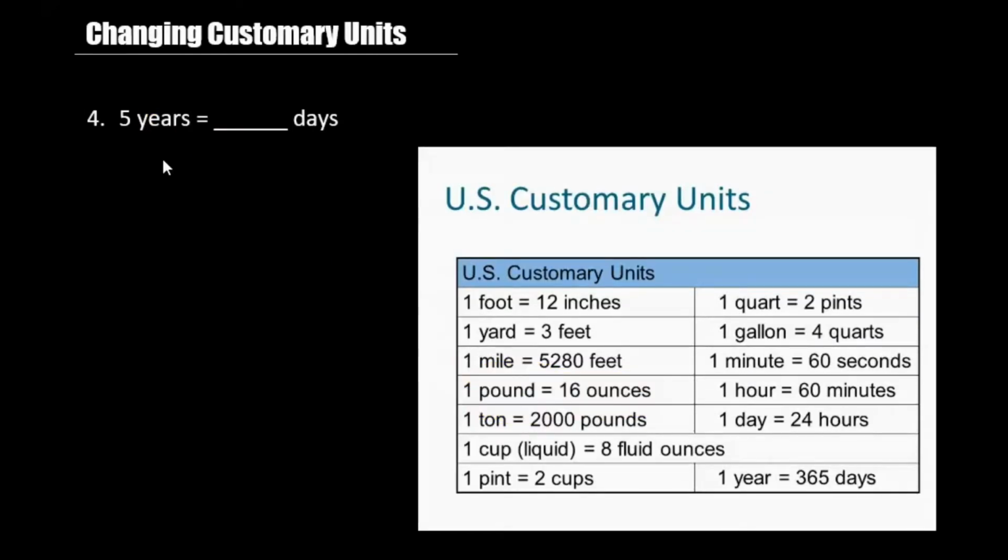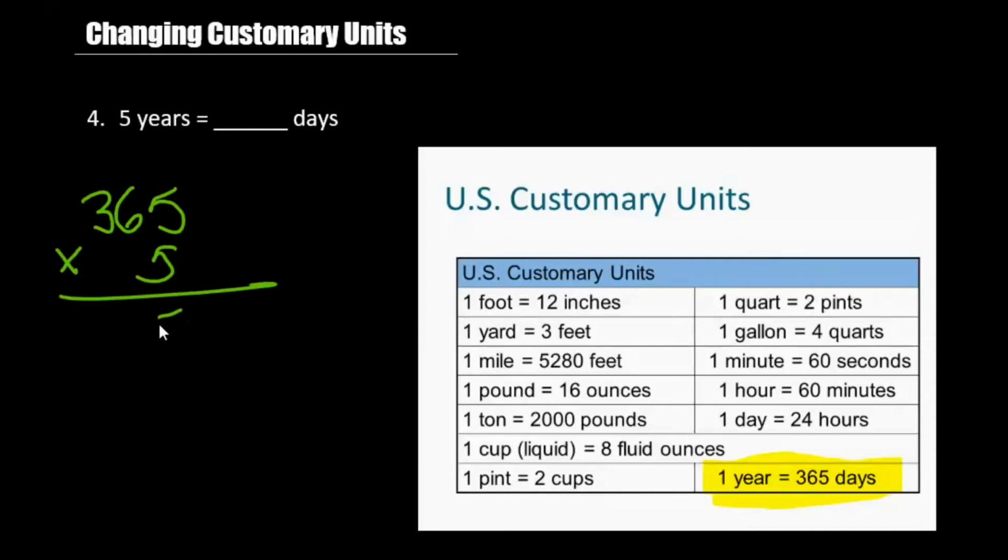The fourth question is 5 years equals how many days? Right here it says 1 year is equal to 365 days. But we want to find out how many days 5 years are. So basically, we're going to multiply 365 times 5 because we're solving for 5 years. 5 times 5 is 25.